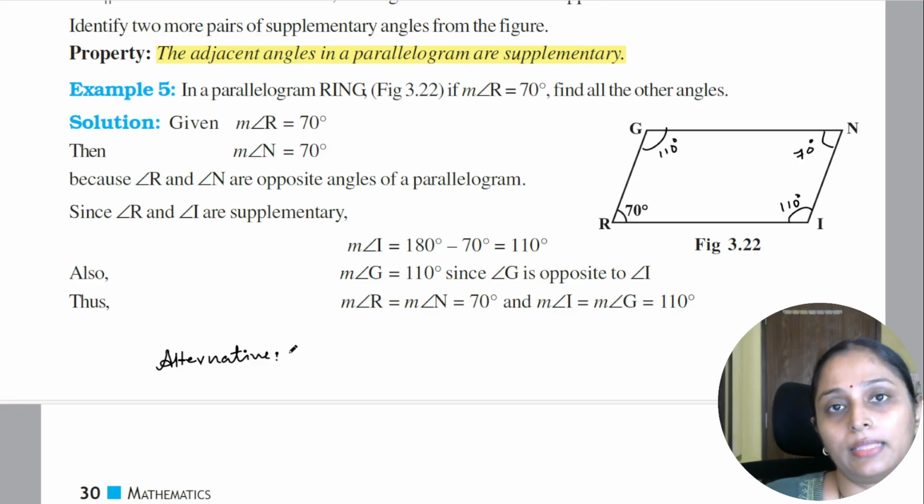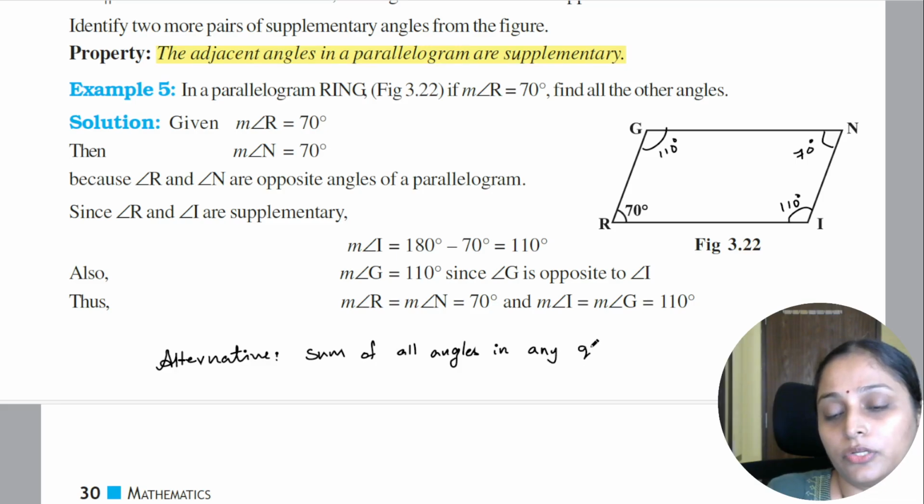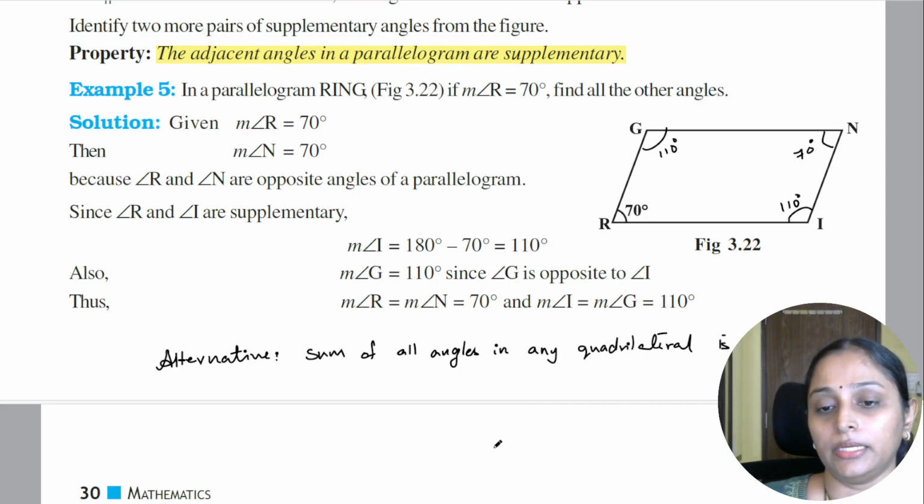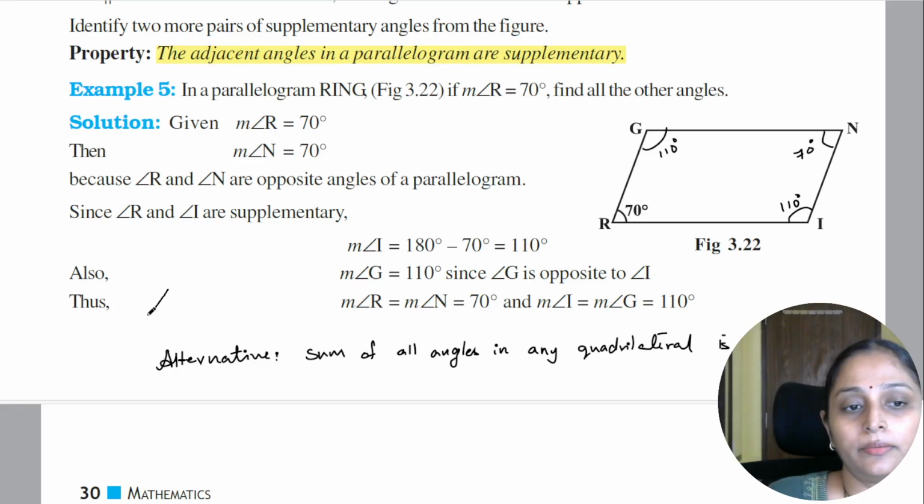One of the methods I can think of is that the sum of the angles in a quadrilateral is 360 degrees. Sum of all angles in any quadrilateral, not just a parallelogram, is 360 degrees. I'm going to draw the figure again.